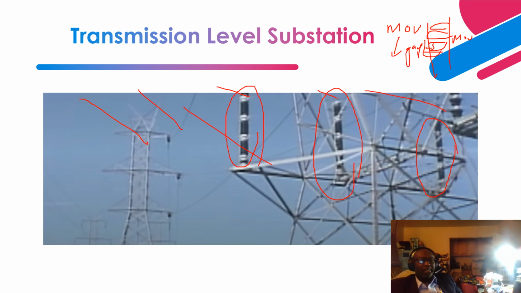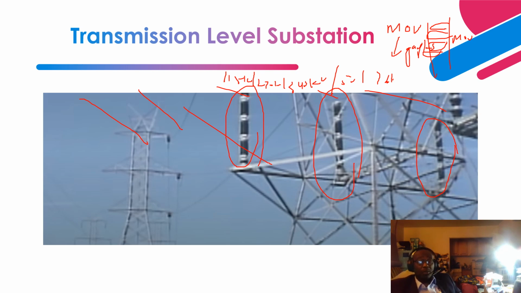Under normal operating conditions, this offers a very high impedance. We have 115 kV, 230 kV, 345 kV, 500 kV, 765 kV coming in to the substation.